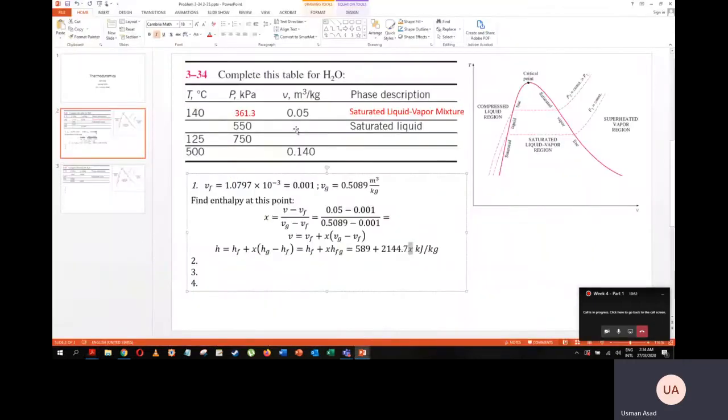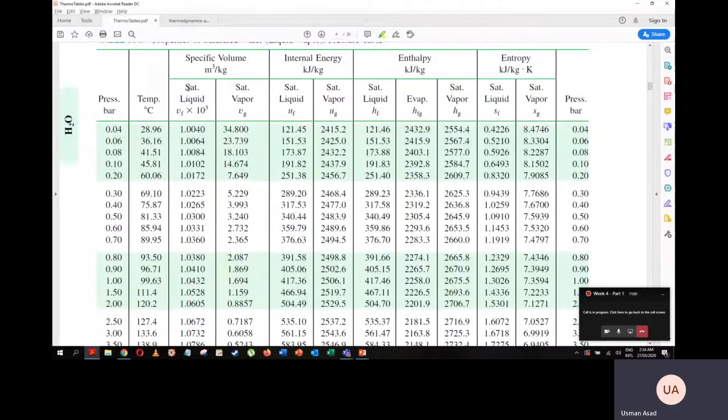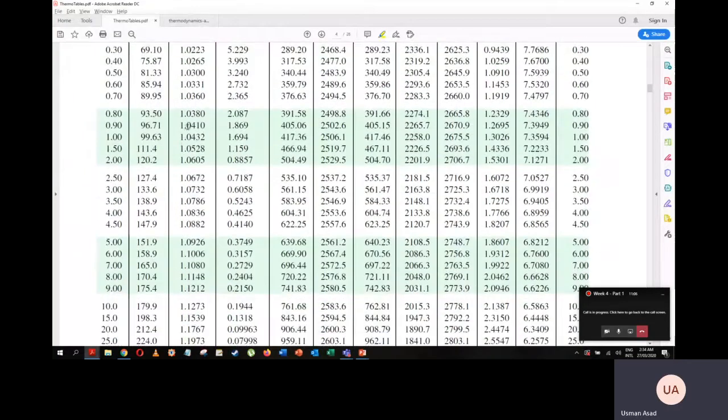The things we need are just volume and temperature, specifically the volume of saturated liquid, right? The saturated liquid volume is the third column in this table. So you take an average of these two values, and then multiply by 10 raised to the power minus 3.